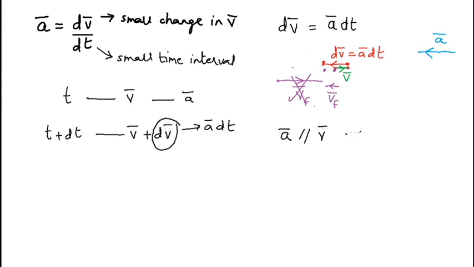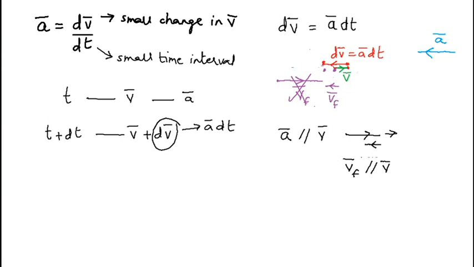So if for example v bar is in this direction, then the velocity will change like that, or it could change like that. Either way, what happens is the final velocity v final bar will necessarily be parallel to the old velocity, which was v bar.